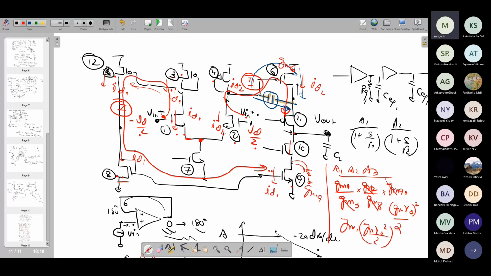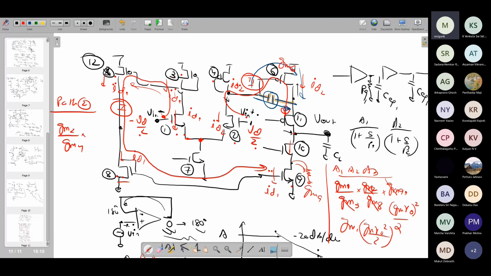From a magnitude point of view, if I assume that all these transistors are well matched, we still get almost similar magnitude for both the paths. Second path, what will be the expression? If I say path 2, you have only 2 stages. First is your common source stage, which is going to give you GM2 by GM4, right?